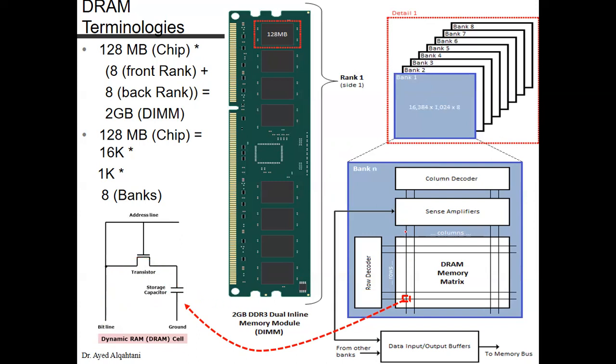Of course, there is other hardware that helps the reading and writing operations of the memory, like the sense amplifiers. There is also other circuitry that is not drawn in this picture, and you can use input and output buffers to make things go faster when you require to access the memory.